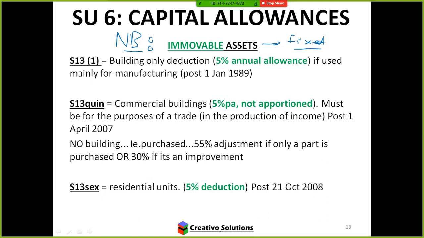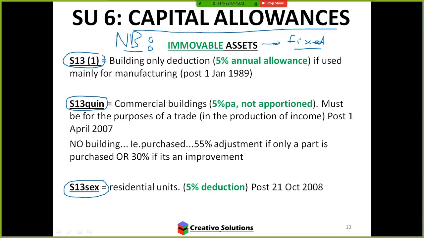So can I derive a capital allowance from a building? Well, the answer is yes, you can. You have a section 13(1) deduction, you have a section 13 quin deduction, and you have a section 13 sex deduction. Those are the three different deductions specifically for immovable assets focusing on buildings.